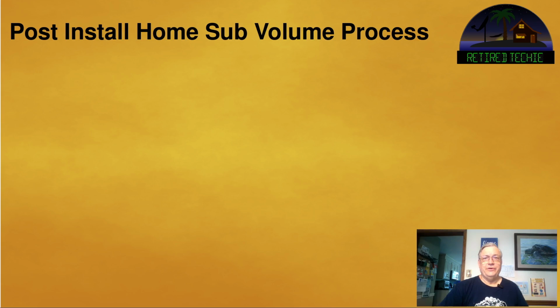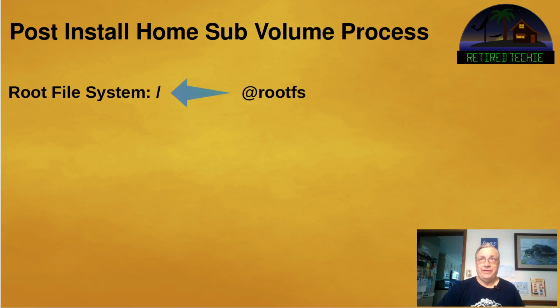Okay, before getting started, we need to jump into exactly what we're going to be doing. So we've got our post install subvolume at @rootfs. That's what Debian calls it. We didn't change the name, and it's located at the root of our file system. So all well and good here.